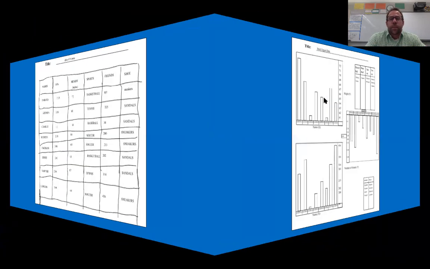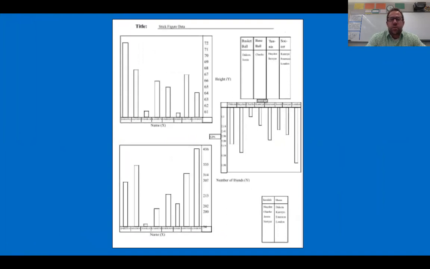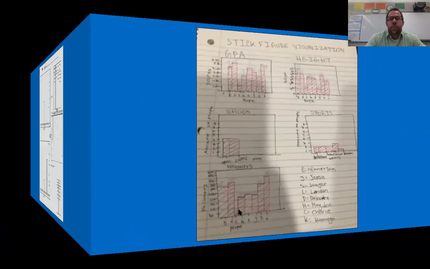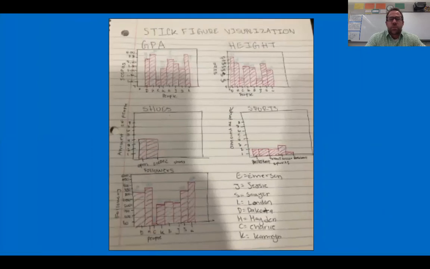Okay. This particular student used the bar graph strategy. And then over here looked like some type of a chart, creative. This student used bar graphs. So we've got 5 different bar graphs, and then the names here with a little key.